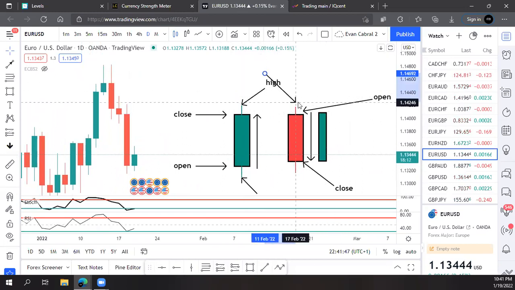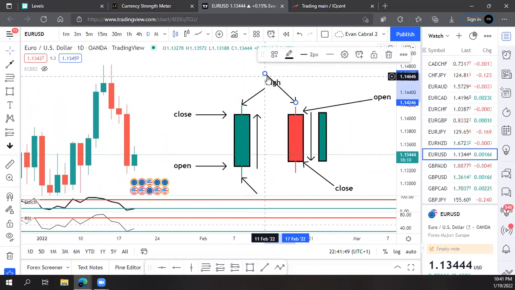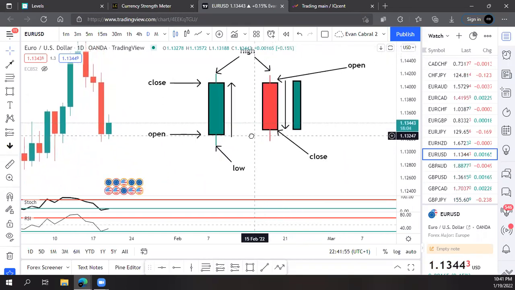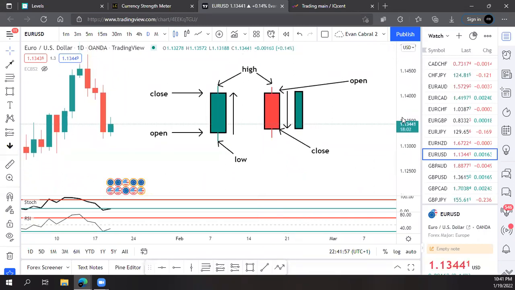The same thing goes for the lows. These are also both lows. So this is how the market simply forms.